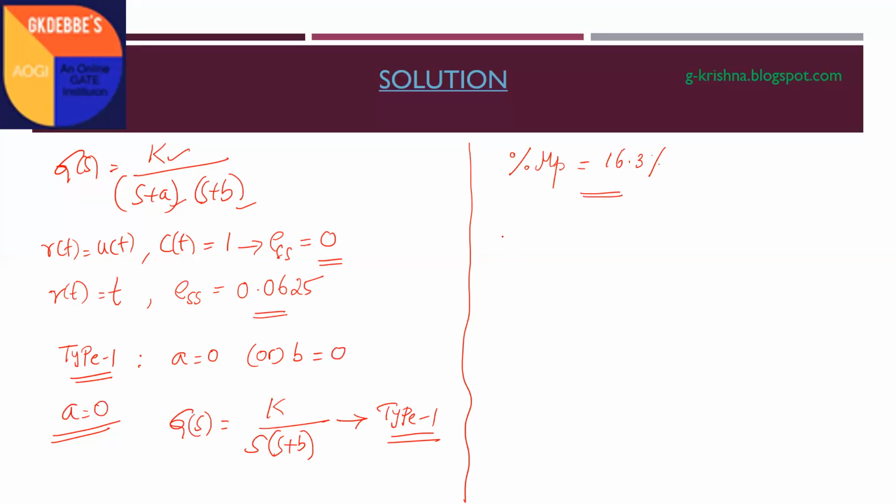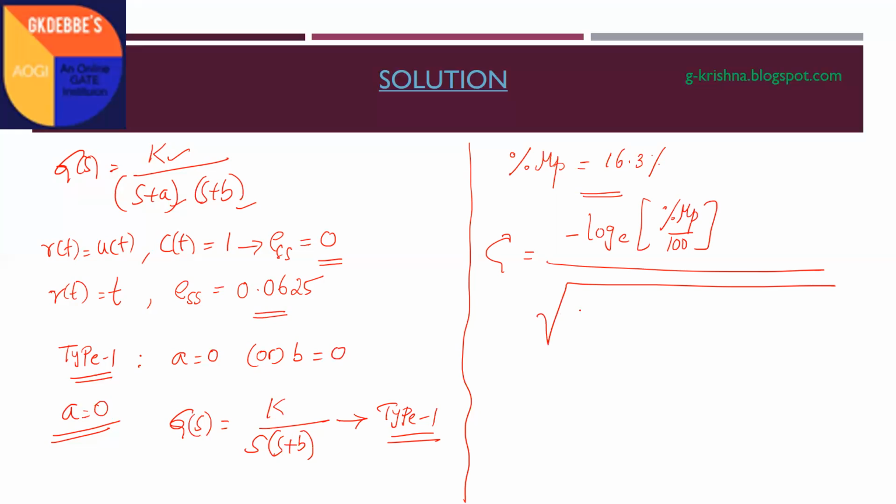How to calculate the damping ratio for the given overshoot: zeta = -ln(peak overshoot/100) divided by the square root of (pi squared + (ln(peak overshoot/100)) squared).